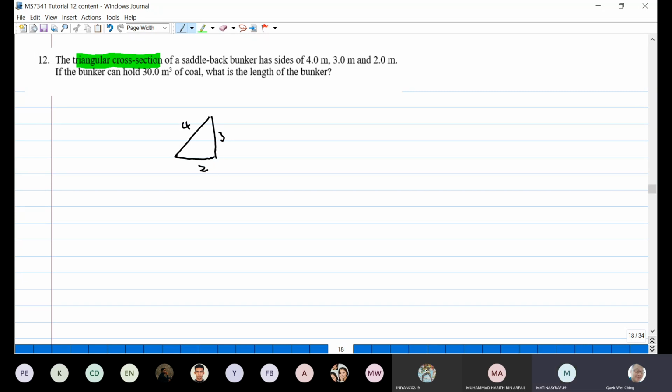Okay, triangle there. Not necessarily a right angle, I don't think it's a right angle here. So this is a triangle, and this is just a cross section only. Let me try a general triangle so that you can see the picture here. Although it's not very realistic, it's easier to draw. 4, and then 3, 2.